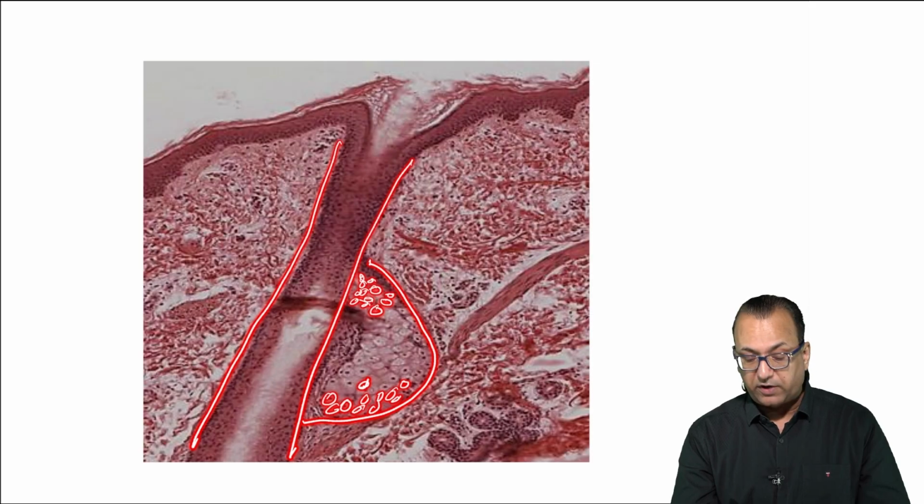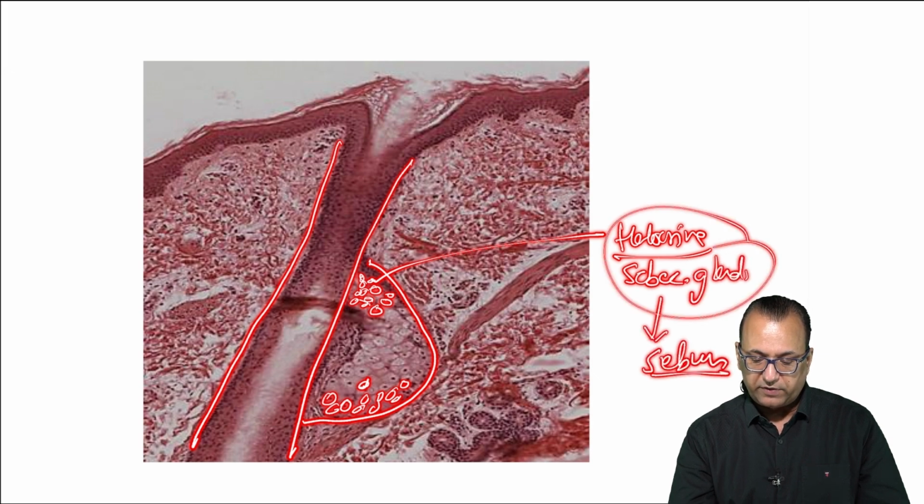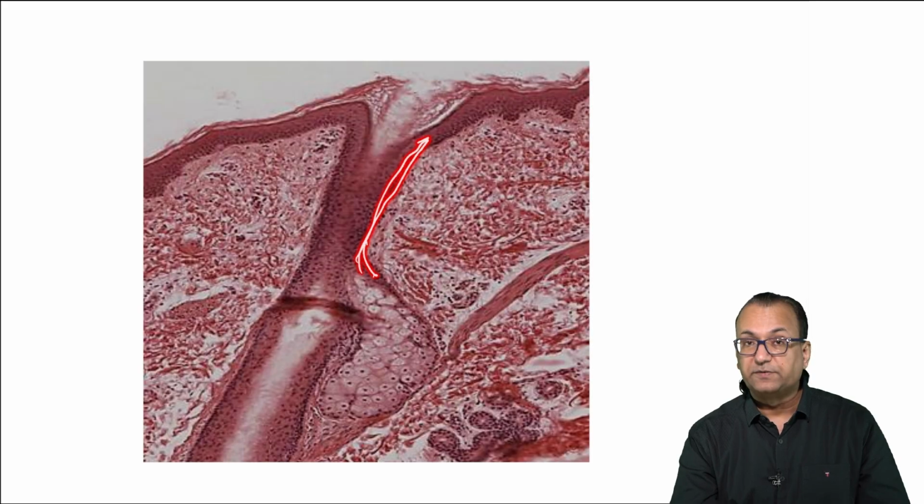Whole of the cell is destroyed. So this is holocrine sebaceous gland, giving the sebum into the hair follicle, which will lubricate the hair follicle and skin also. So secretions go along with the hair follicle like this.